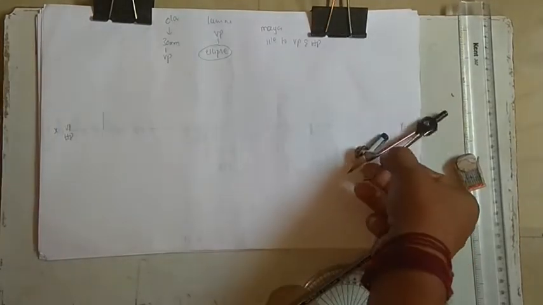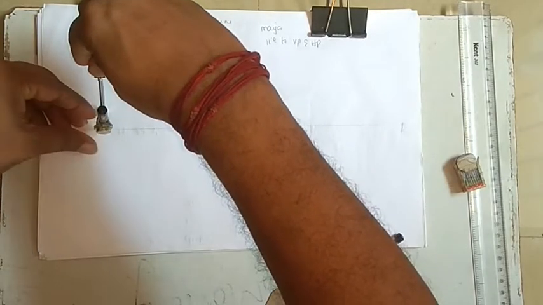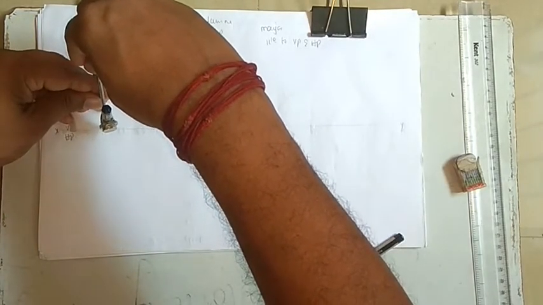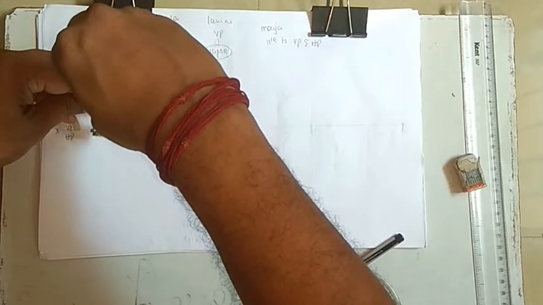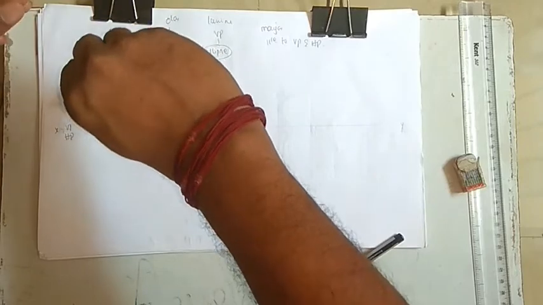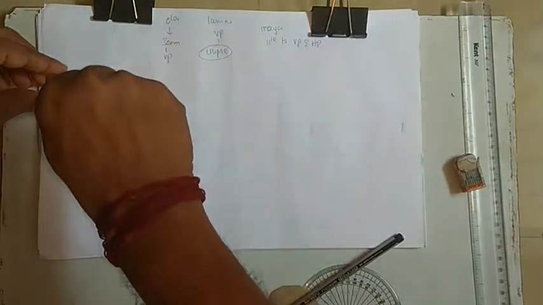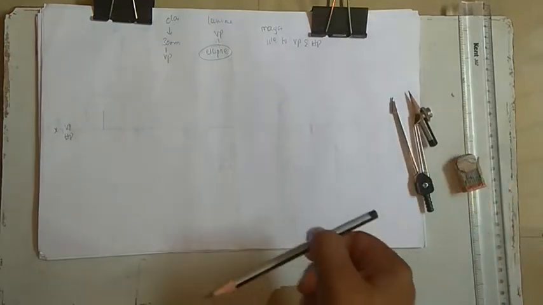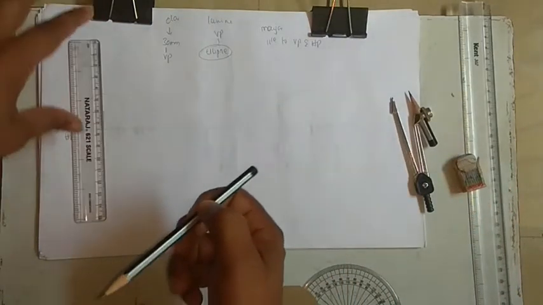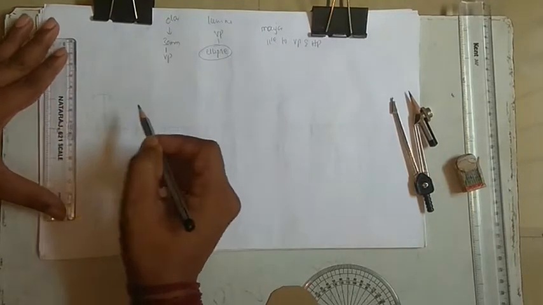Now this is the center, and draw a circle like this, and it should be on the XY.